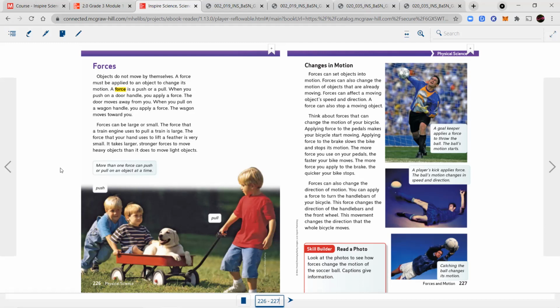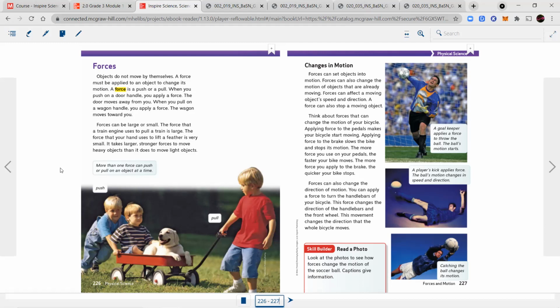Changes in motion. Forces can set objects into motion. Forces can also change the motion of an object that is already moving. Forces can affect a moving object's speed and direction. A force can also stop a moving object. So let's stop and think about that. So you can either get something moving by applying a force.